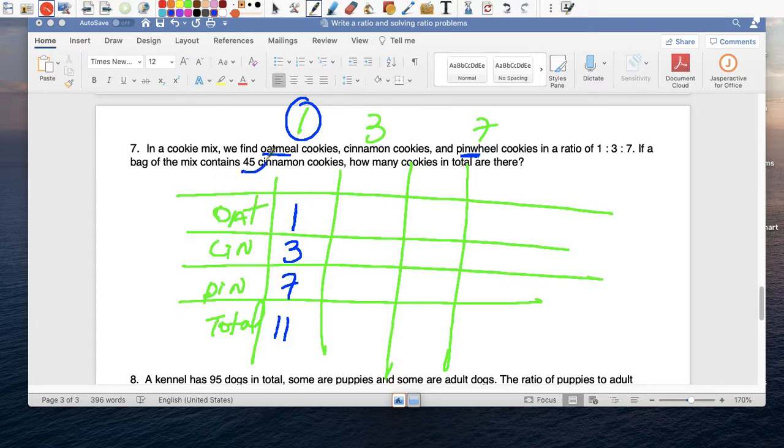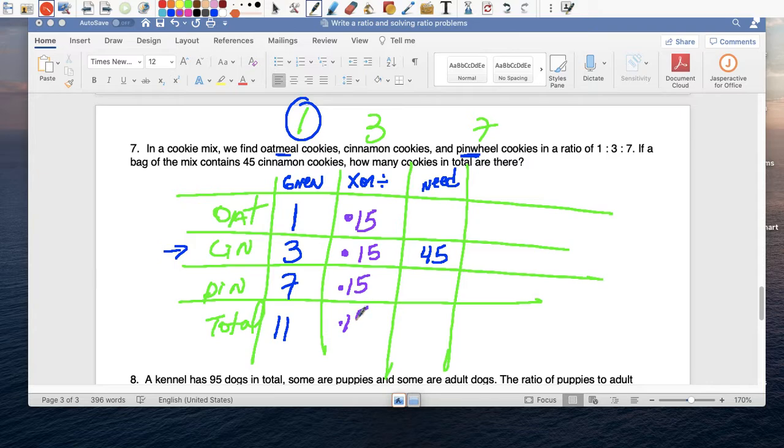When there's 45 cinnamon, so let's go, where's that? So this is given to me. This is what I need, right? And this is times or divide. So cuando hay 45 cinnamon, ¿cuánto de los demás hay? So cinnamon es este. So we'll put 45 here. Right? So how did the 3 transformó en 45? Times 15. So por eso, I'm going to multiply here times 15. Aquí por 15.